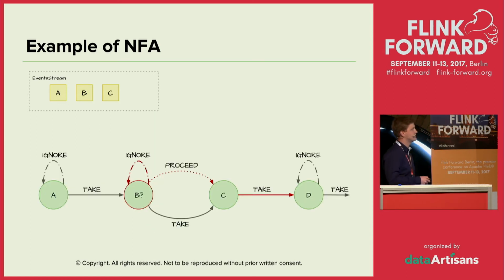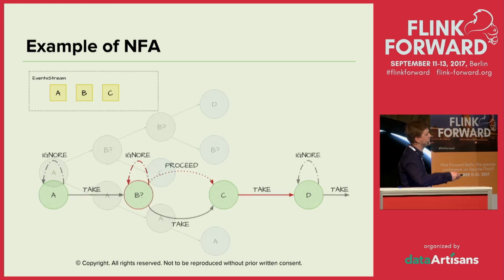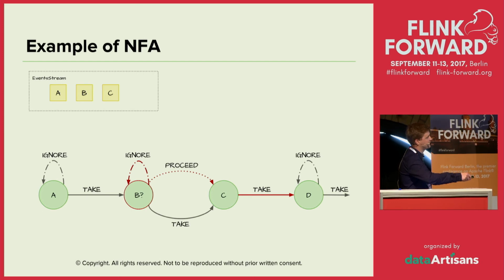It will satisfy the ignore transition, and after proceed, it also satisfies the condition of the take. So in that state, we will generate 2 new computation states, named D, which is the take, generated by proceeding that transition and satisfying that transition.